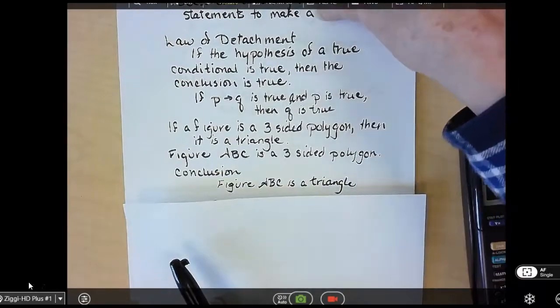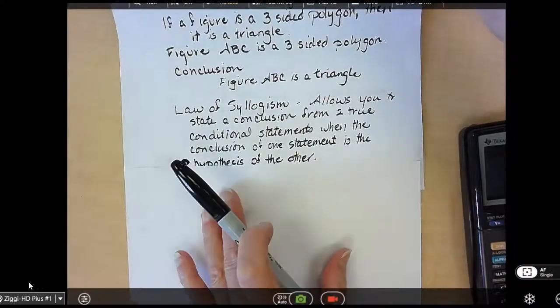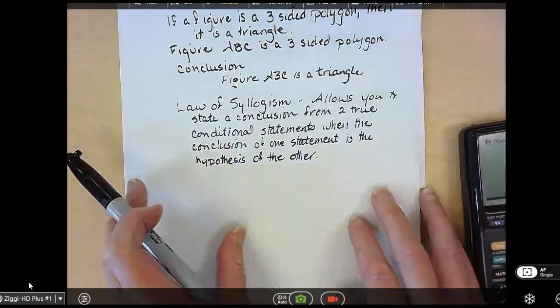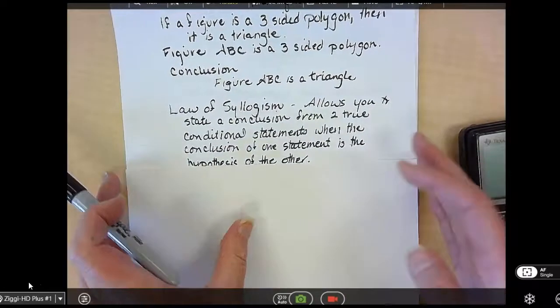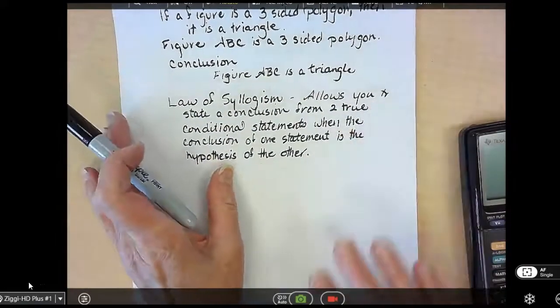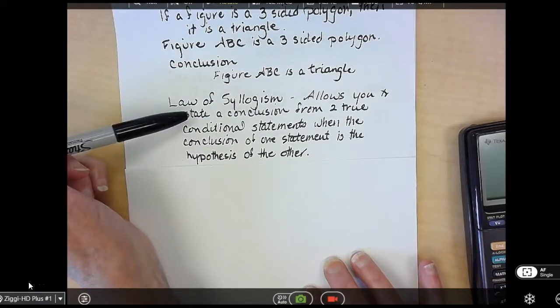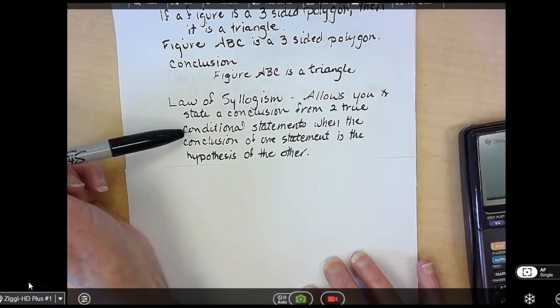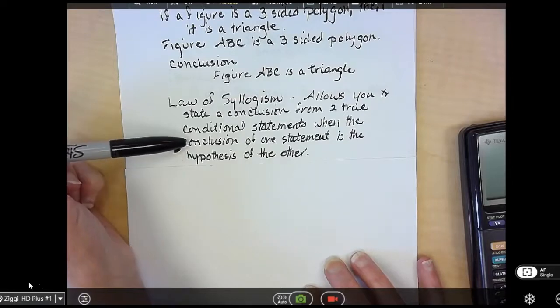The second type of logical reasoning we're going through is law of syllogism. Law of syllogism allows you to state a conclusion from two true conditional statements when the conclusion of one statement is the hypothesis of the other.